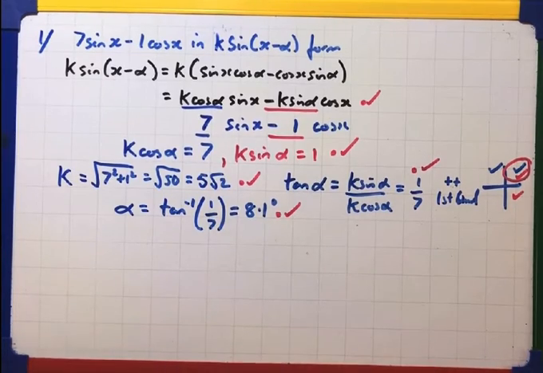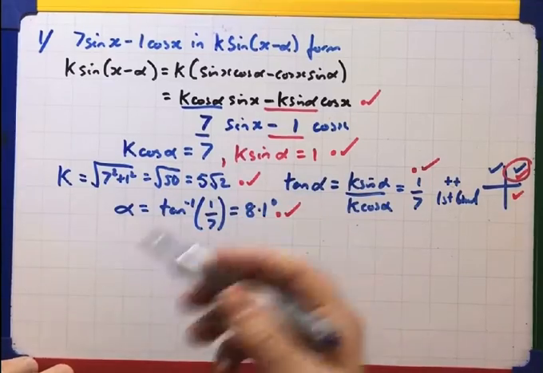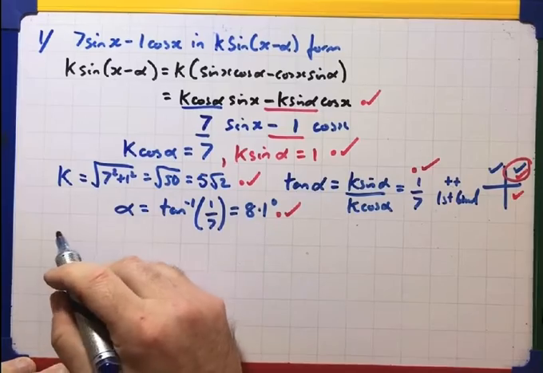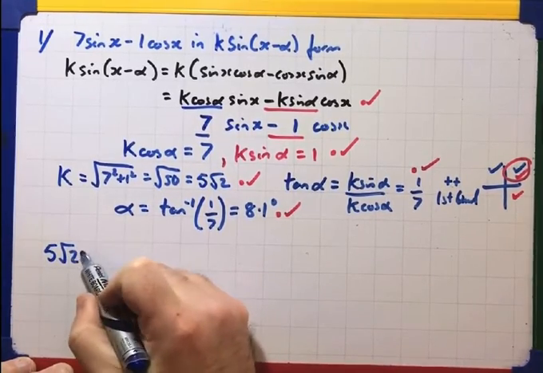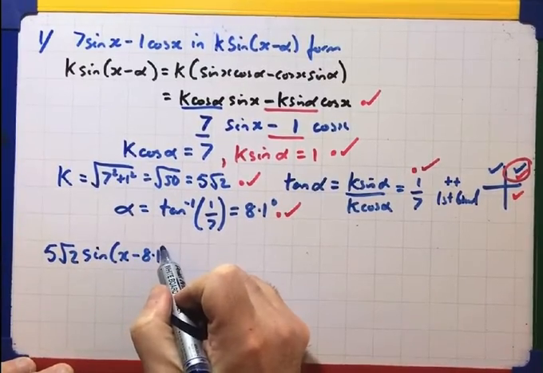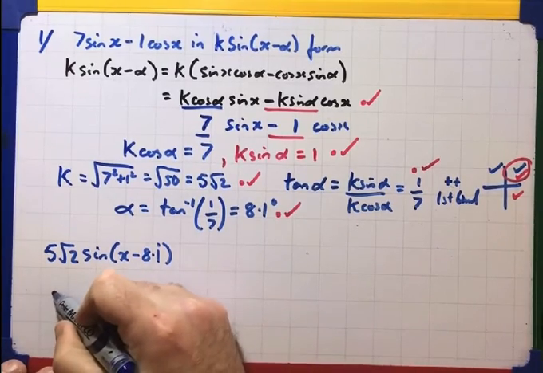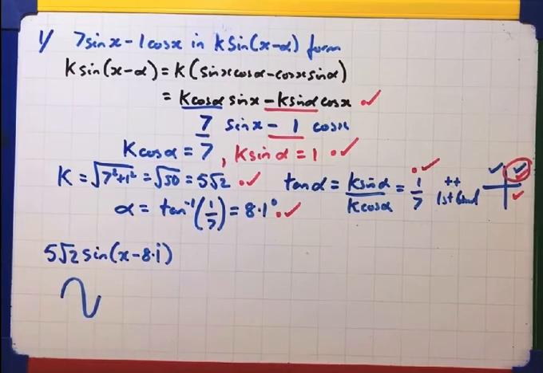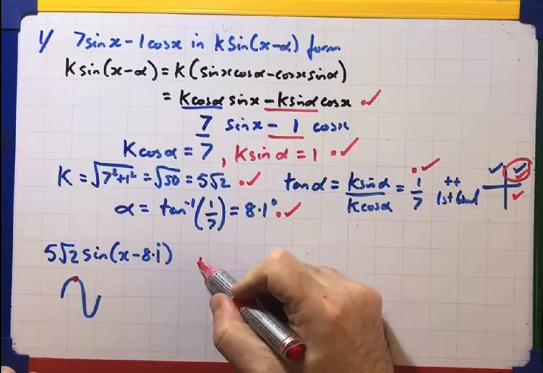Okay, the next bit of the question wanted us to find the maximum, minimum and zeros. Well, remember what our expression looks like now. It's going to be 5 root 2 sine(x minus 8.1 degrees). You also remember the sine graph looks like that. So, if we're talking about the max, it would be there, wouldn't it?